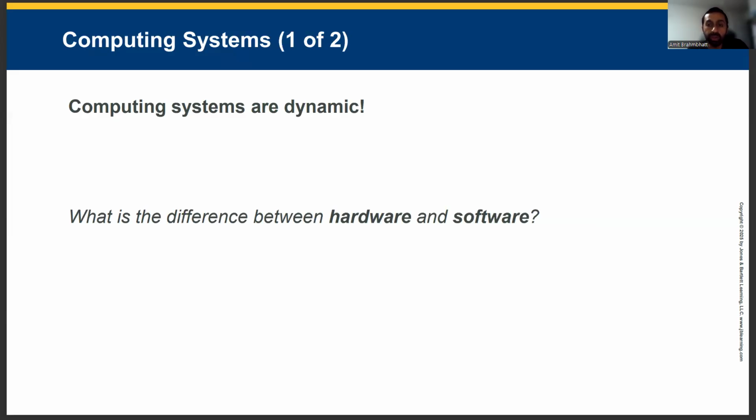Software turns human intent into precise commands, and hardware executes those commands faithfully. This interplay is what enables everything from your phone camera to cloud scale AI. As we move forward, we'll keep asking, how do these layers cooperate and what abstractions make that cooperation manageable?